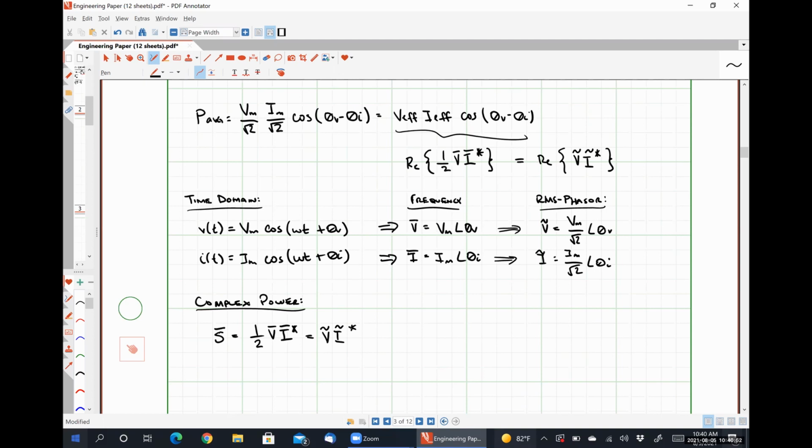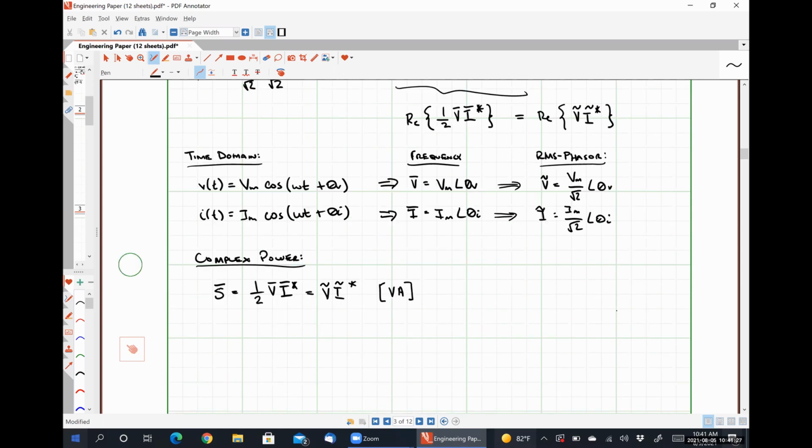However, to avoid confusion, we call the units of complex power volt amperes. Dimensionally, they are the exact same thing as a watt, but watts are used for average power, and a power engineer doesn't want to confuse talking about average power versus complex power. So complex power is measured in volt amperes.